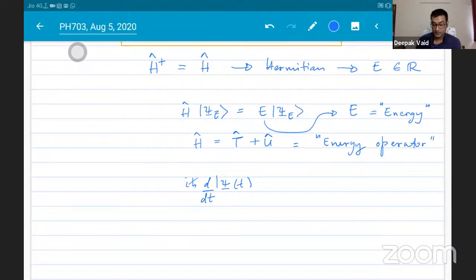Psi of t, but now I'll put a subscript E over here to remind me that I'm talking about the eigenstate of the Hamiltonian. Since this is an eigenstate, I can write the expression on the right as E times psi of E.